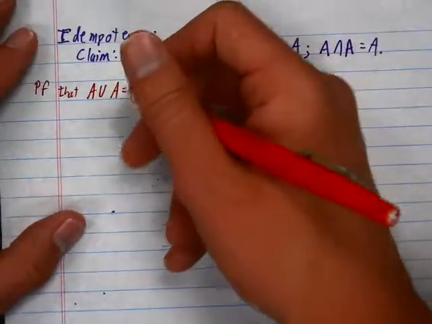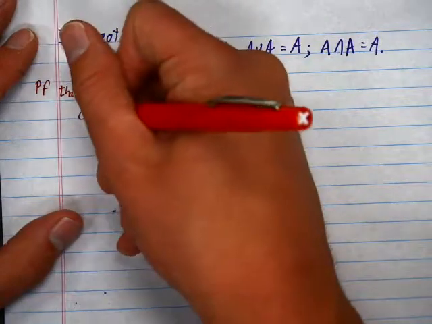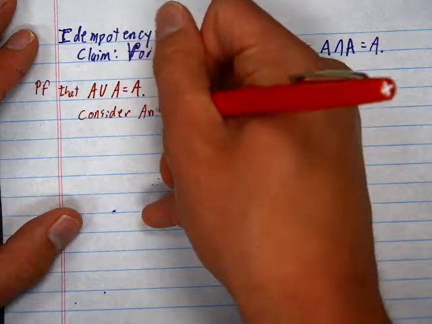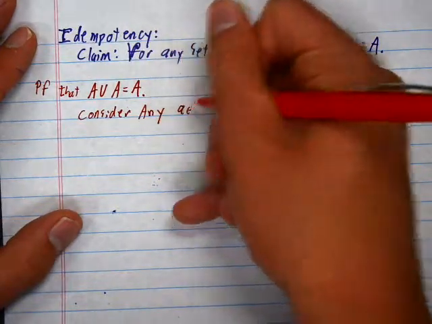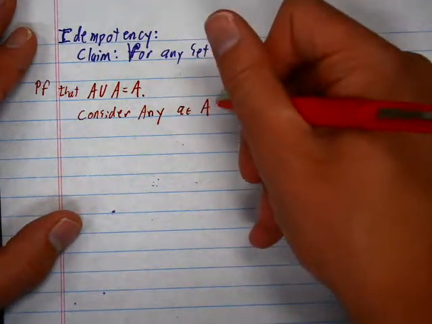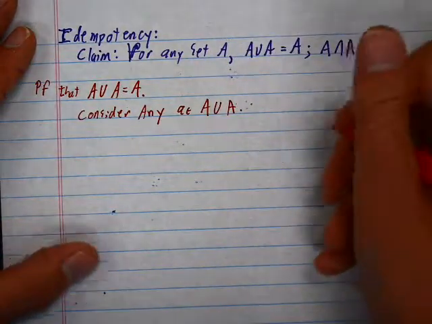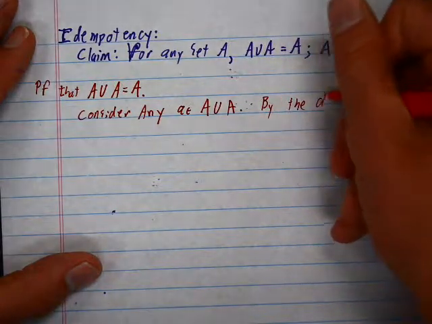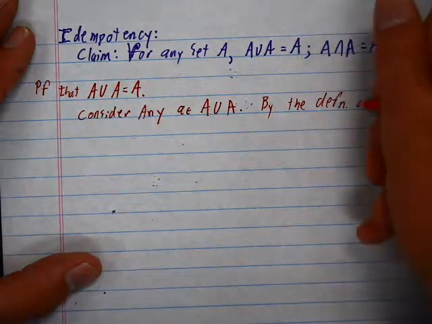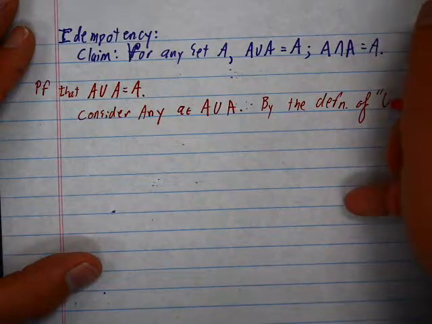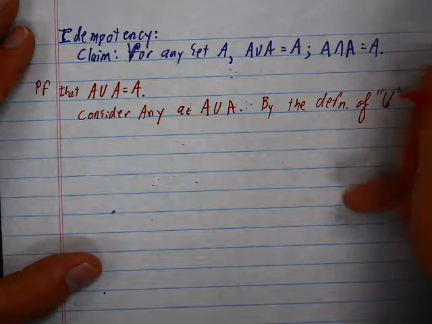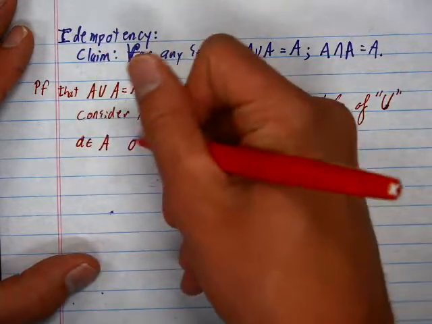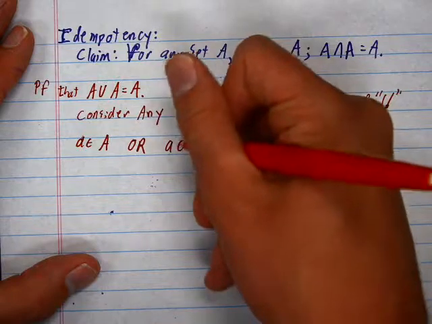So let's consider any a in, well, it doesn't matter which one you do first, in A union A. Well then, by the very definition of union, a is in A, or a is in A, right?